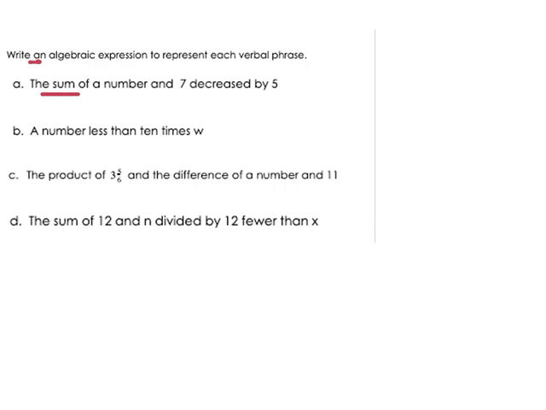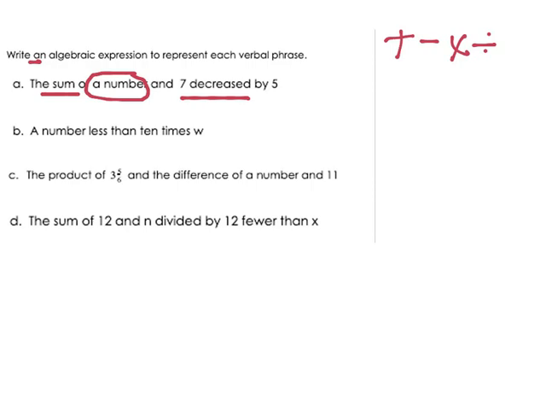Remember, my operations are addition, subtraction, multiplication, and division. I see the phrase a number. I know that if I see a phrase a number, that indicates I'm going to use a variable, so a letter that represents an unknown value. And 7 decreased by 5.